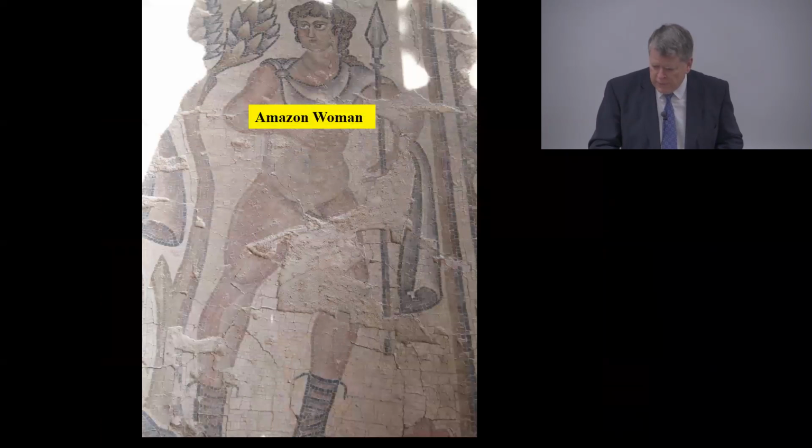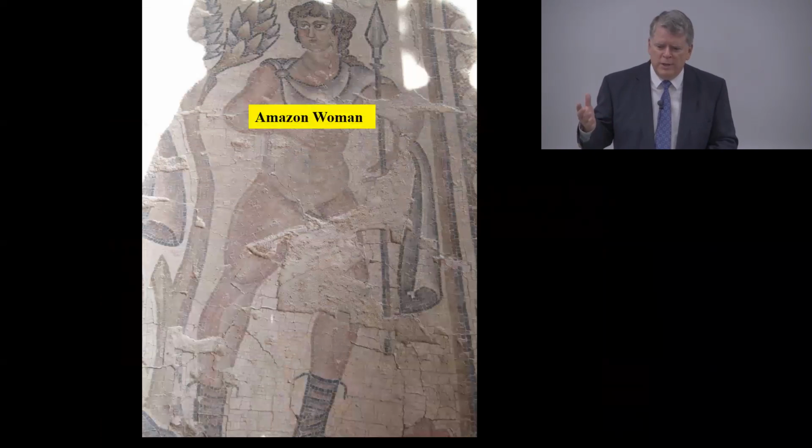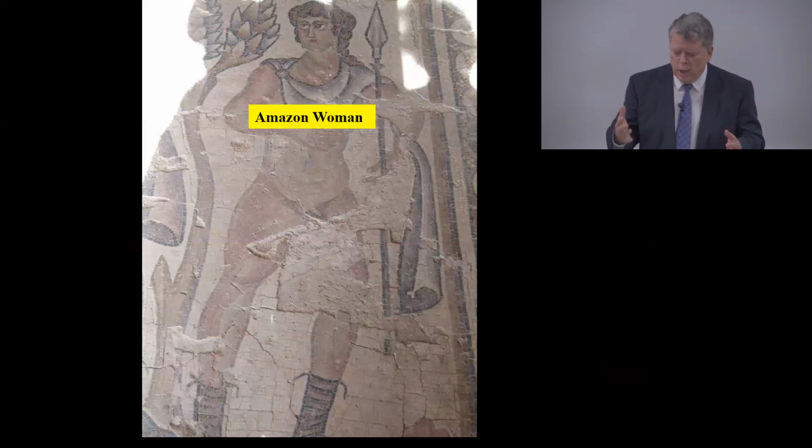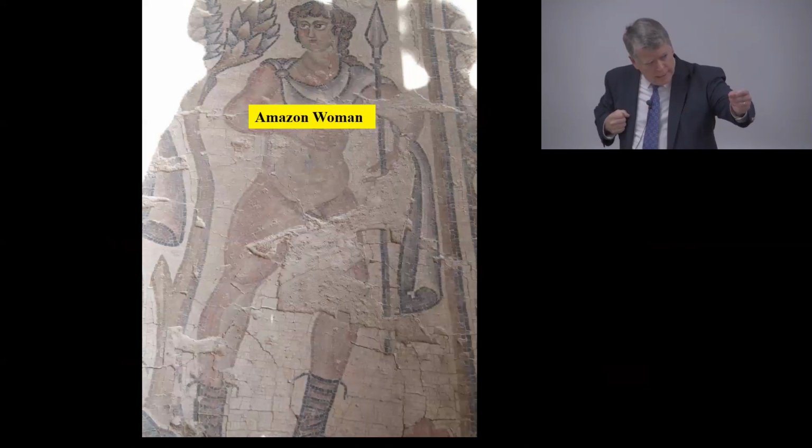And so now this is an Amazon woman, which I think is a great illustration, though you can't use it in church exactly. But Amazon, alpha privative, means a negative or un in Greek. So that means no breast. But what does that mean? This is a legend. The Amazon woman would cut off her right breast so that she could pull back on the bow and be a better shot.